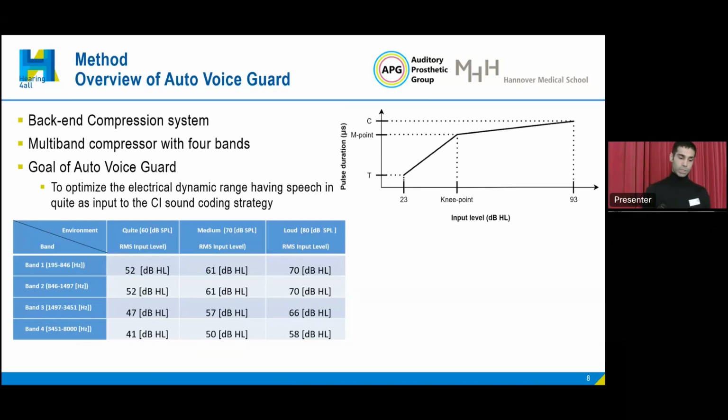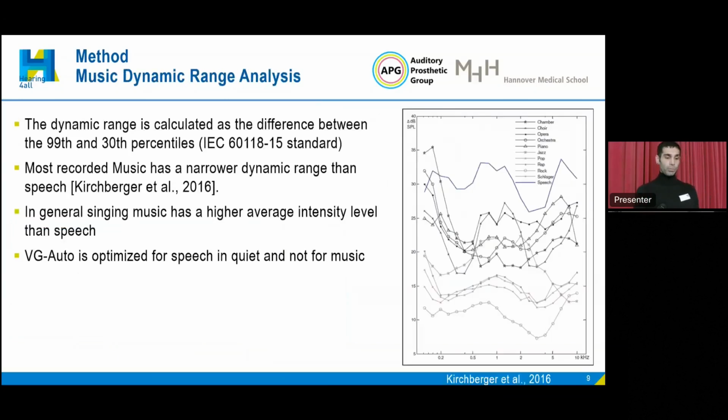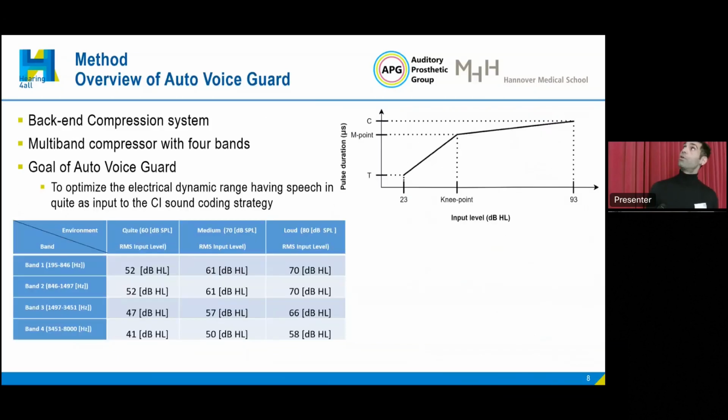It is an adaptive backend compressor, which adapts the knee points based on the RMS input of the sound processor. As I said, this has been optimized for speech without background noise, not for music. So we wanted to optimize this backend compressor for music.